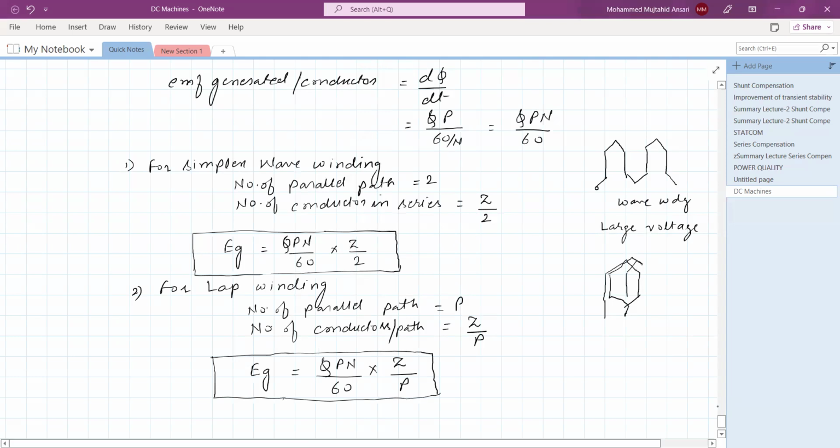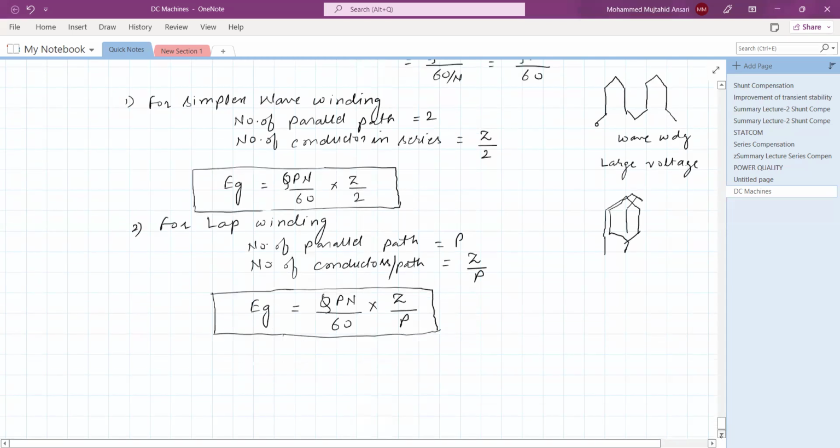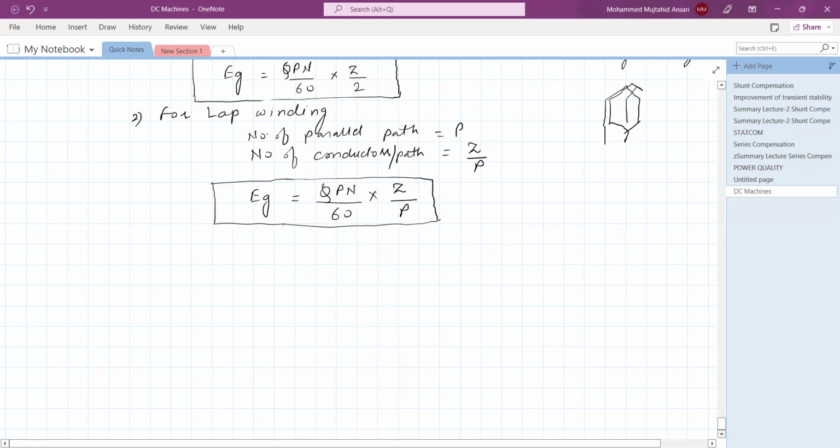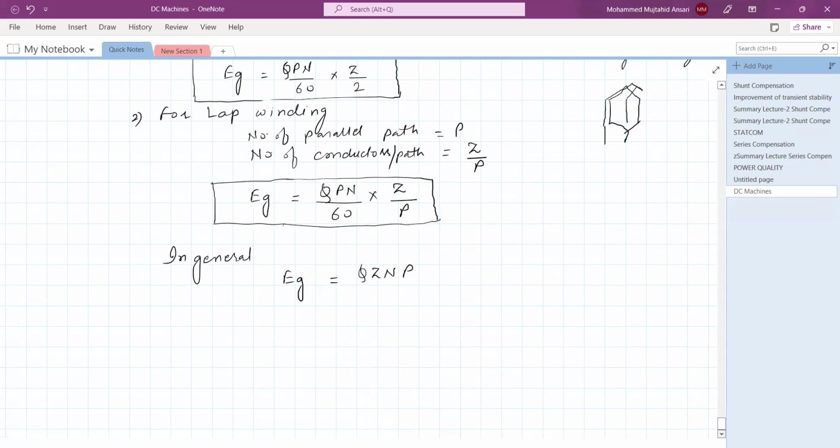So in general, we can write the EMF generated for the DC generator as phi Z N P upon 60A, where A is the parallel path.